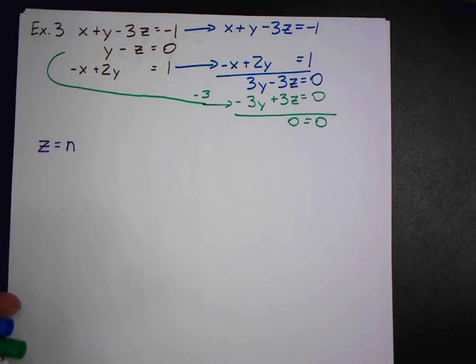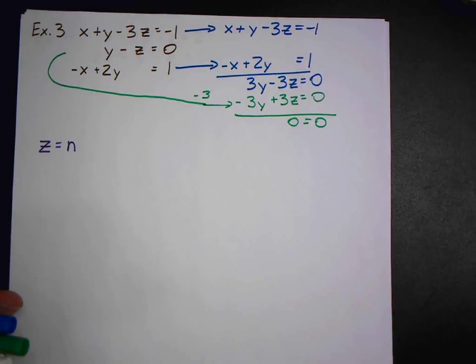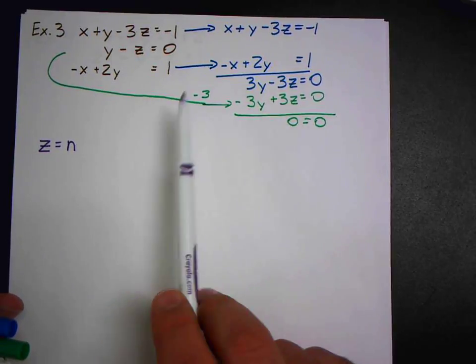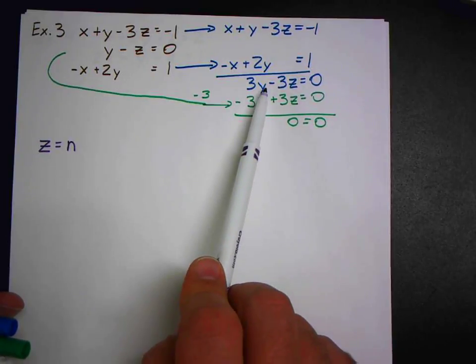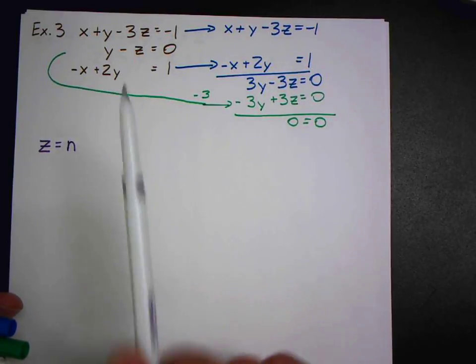Okay. What we're going to do is get all the variables in terms of n. So what I need to do now is solve for y. So I'm going to go back to one of my equations that was just y and z, and solve for y.